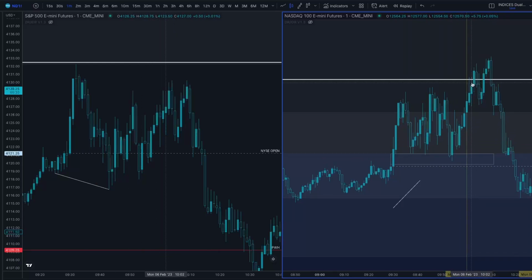We know 10 a.m. can be a time where price turns around, and sure enough, it hits our target shortly after 10. It does end up doing one extra manipulation move higher, and then we get the breakdown.